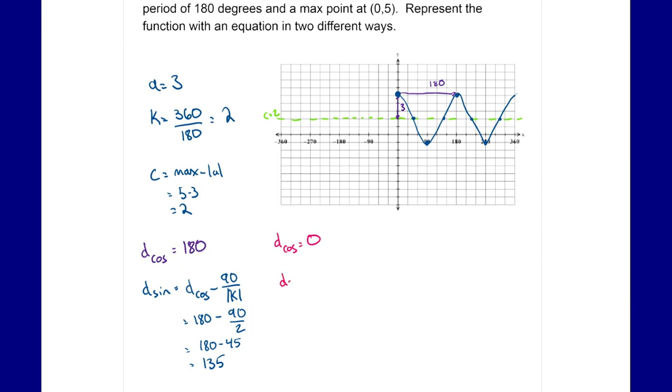And then the d value for sine would have to be 0 minus 90 over 2, which would be 0 minus 45, or negative 45. So that would put my d value back here, moving back to the left, which would make sense because that would technically be the closest.